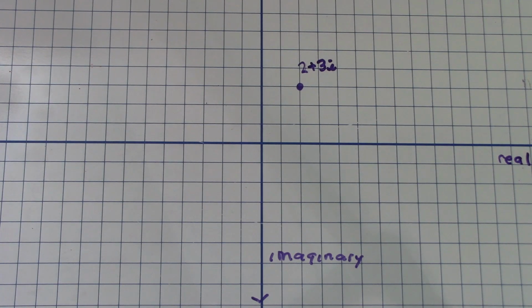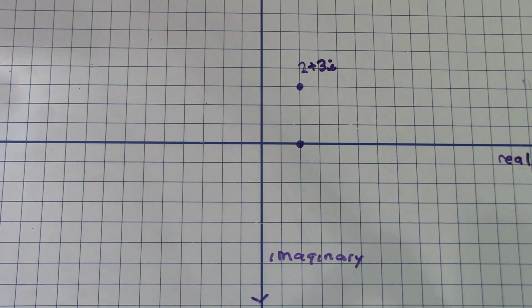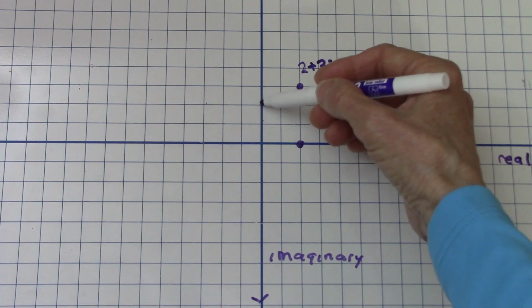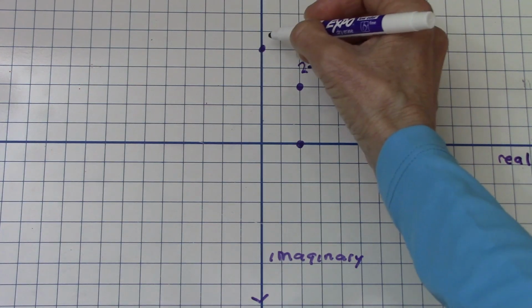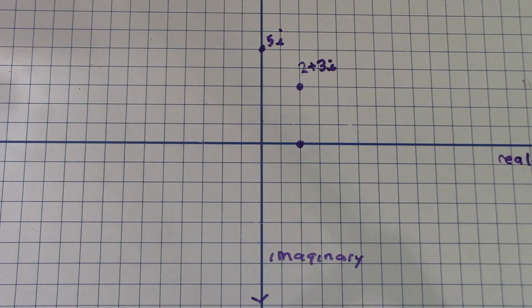If we wanted to graph the number 2, we would just go over 2. If we had just the number 5i, we would count up 1, 2, 3, 4, 5, and this is just the number 5i. It doesn't have any real part, so it's just along the imaginary axis.